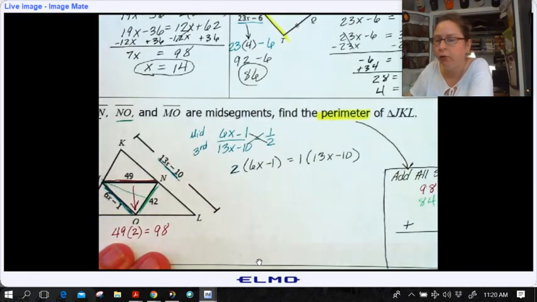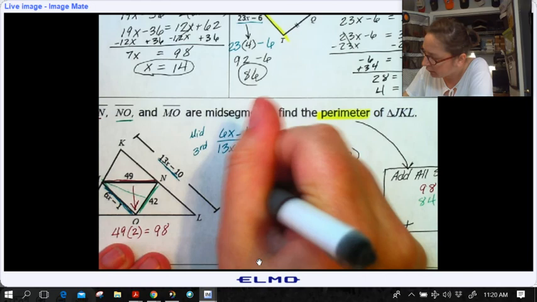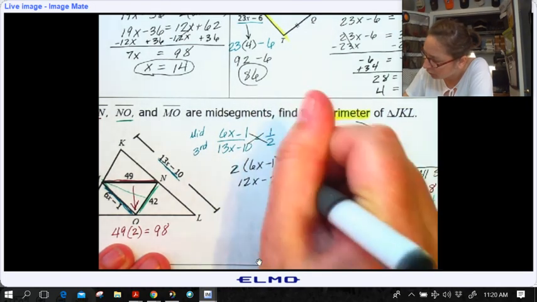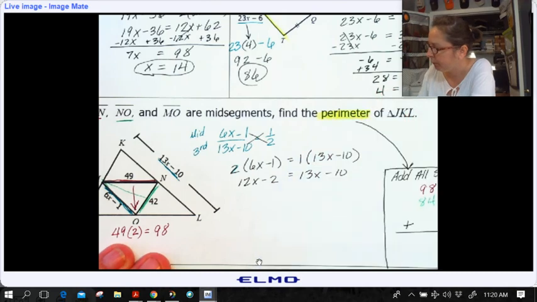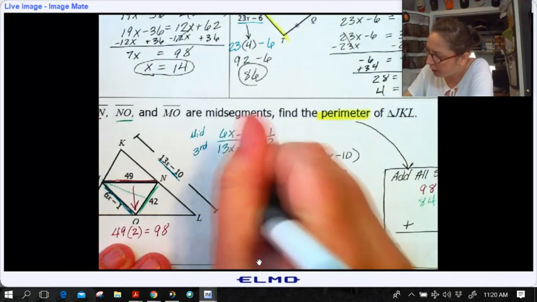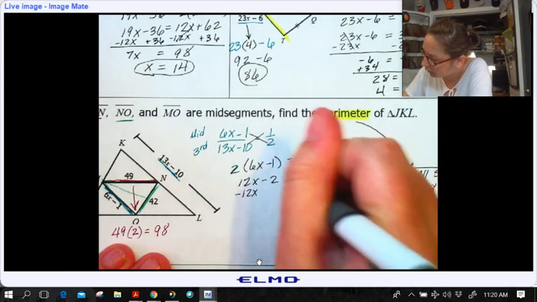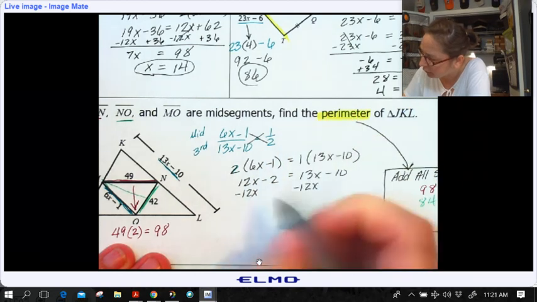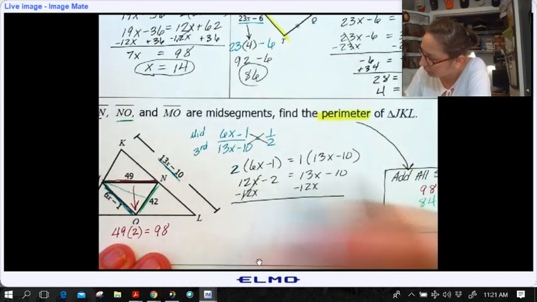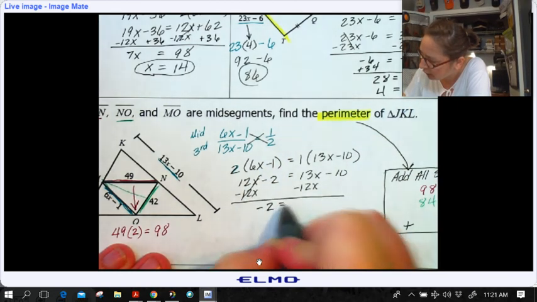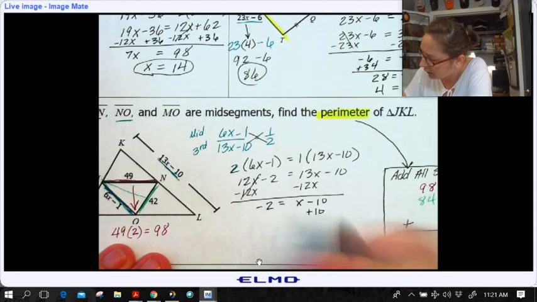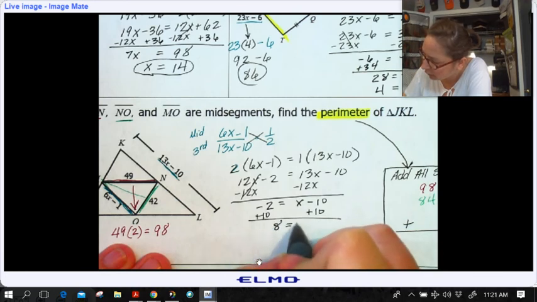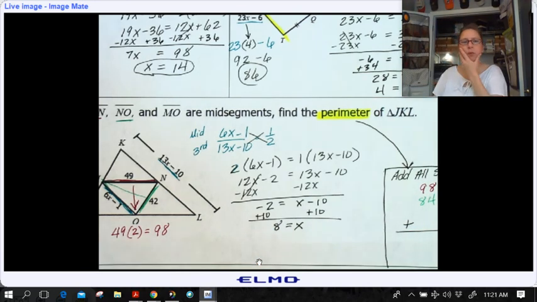Okay, and so now I've got 12x minus 2 equals 13x minus 10. Let's move the 12x's to the right, so it stays positive. Negative 2 equals x minus 10. Add 10 to both sides. X equals 8. X equals 8.